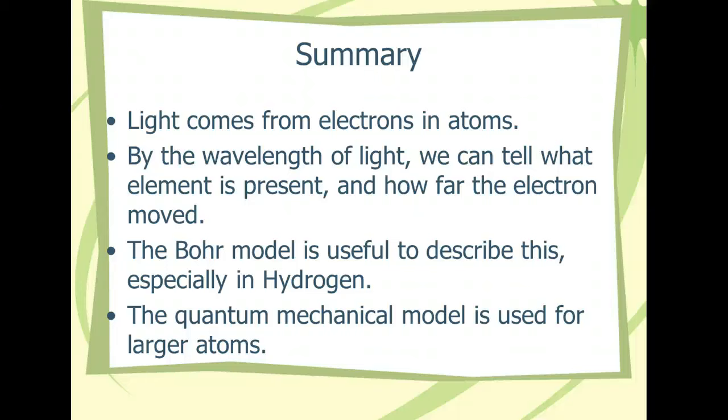Now the Bohr model is very useful to describe how this works, because it's very easy for us to say, okay, an electron's on this energy level, an electron's on that energy level, even though real life is more complicated. So hydrogen is really the limit of the usefulness of the Bohr model. The quantum mechanical model is the model that we currently use that is best supported by the evidence, and it's used for all atoms larger than hydrogen. So we will talk more about that later.